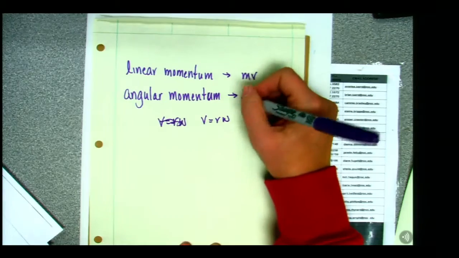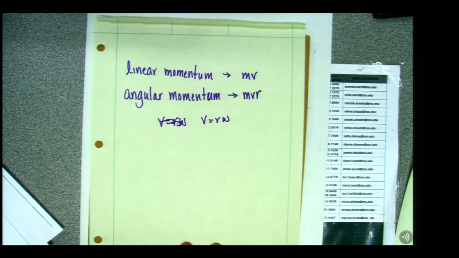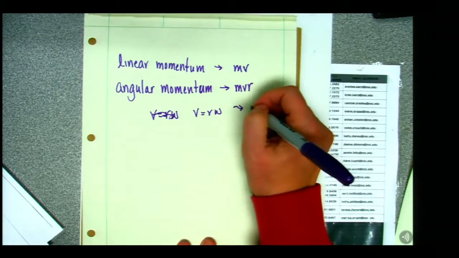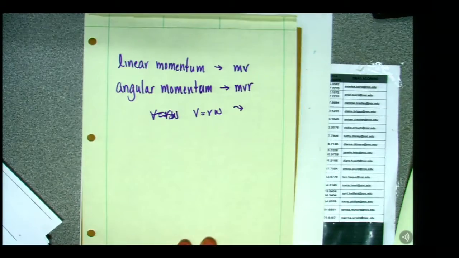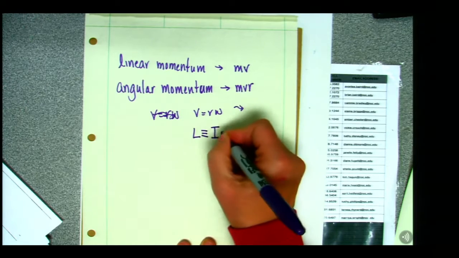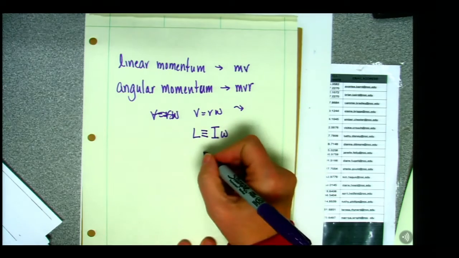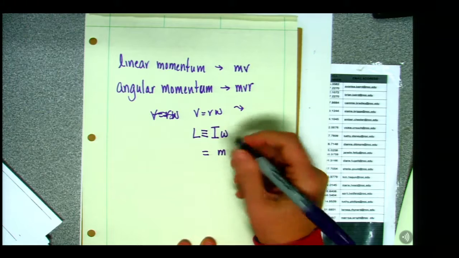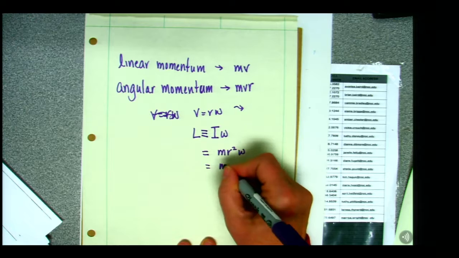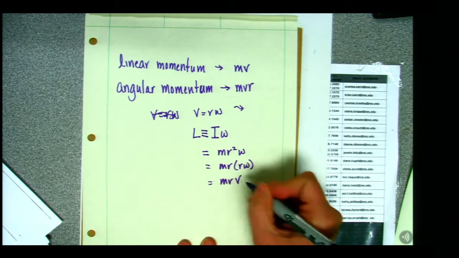And I can actually look at this as MVR if I want to do a rotational portion, or we define it as L equals I omega. And if I do that, let's look at it real quick. If I do I as M R squared omega, when we get the MR R omega, then we get the MRV.